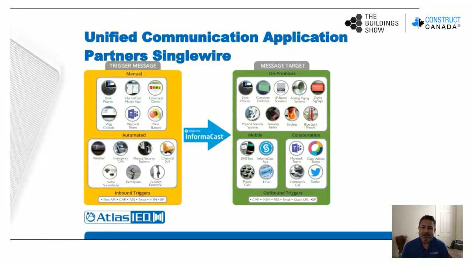The next advantage of this type of communication goes beyond the premise and goes off premise. There might be some individuals who have a role in an event, and maybe the person isn't on premise. So with a unified communication ecosystem, notifications can be pushed to devices off premise, such as mobile devices, laptop computers or tablets.